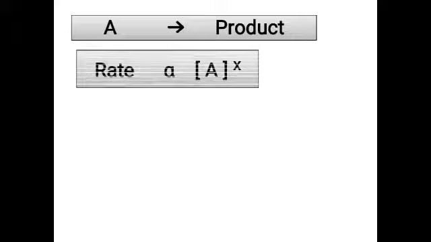Now let me consider a reaction where reactant A molecules react together to give product. For this reaction we can write down the rate law. We know rate is directly proportional to the concentration of the reactant raised to some power. Here I have taken it as X, because every reaction has some power and that has to be found out through experiment.